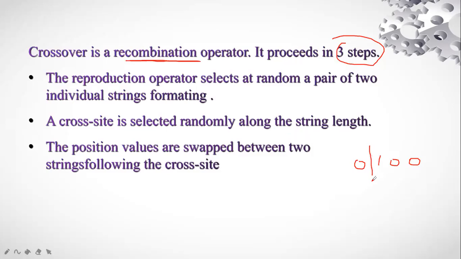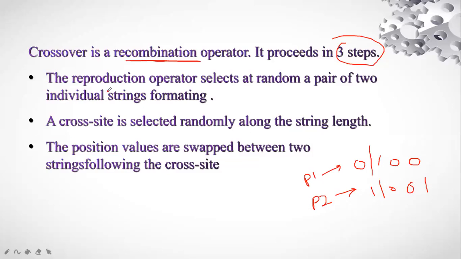The third step is that I am going to swap the values of these 2. Let's say this is the parent 1 string, right? Then I have parent 2. Let it be 1, 0, 0, 1, right?